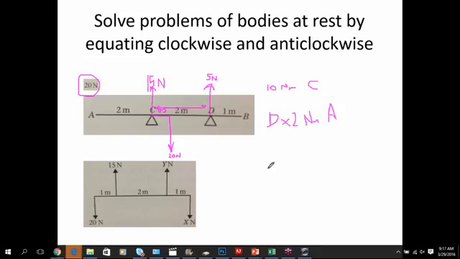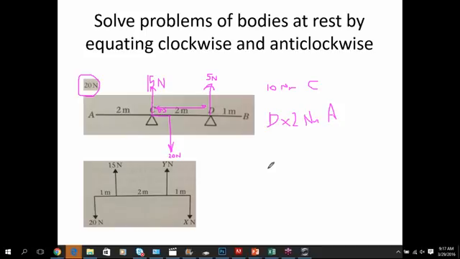So which one is good? 15 times 2, good, and then which one? Good, so put C or clockwise, good.